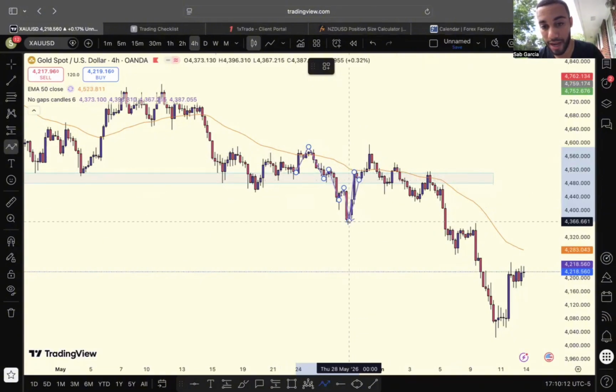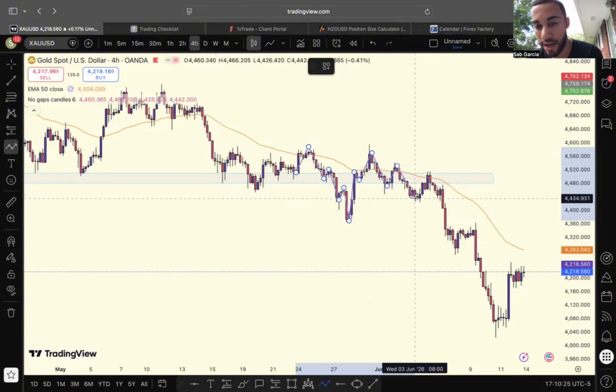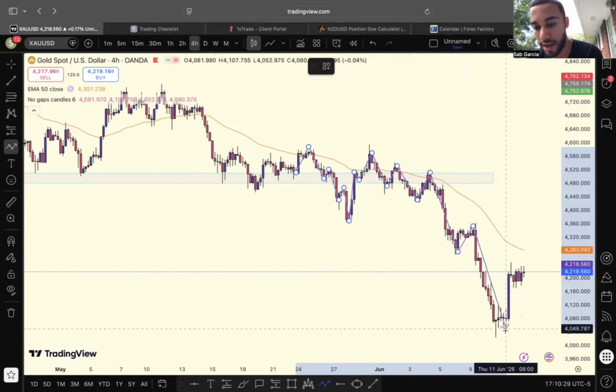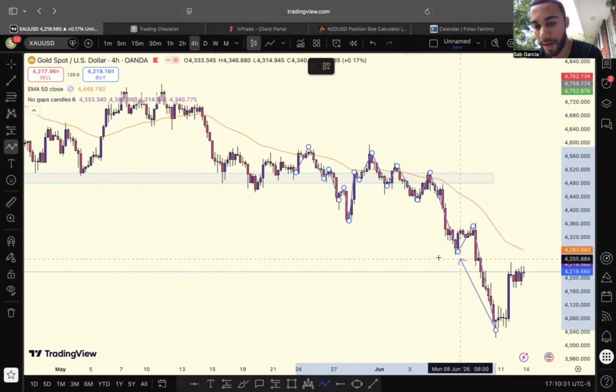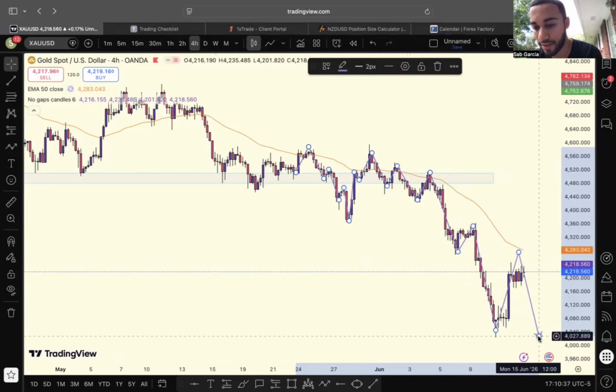So it went from a higher low to higher high to higher low to higher high to boom, broke below the higher low structure. So now there's a lower low, there's a lower high. This is a lower high, lower low, lower high, lower low, lower high, lower low, and now we are anticipating the next lower high to be maybe around this area to potentially sell from this area and capitalize to the downside.